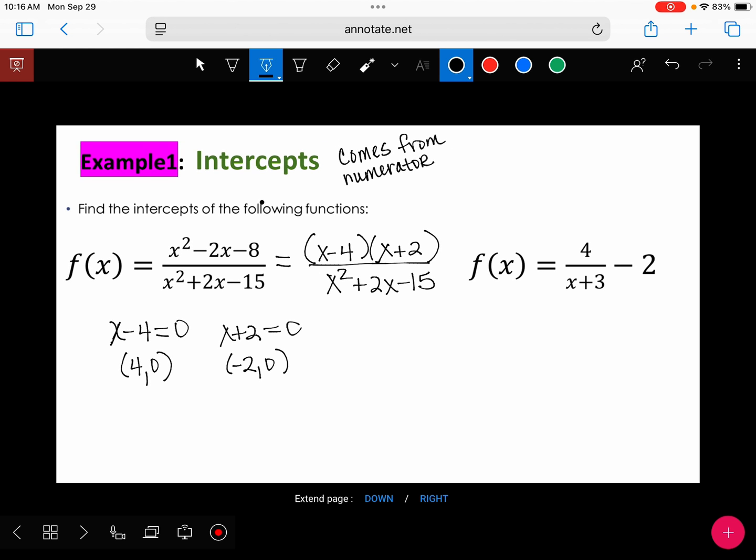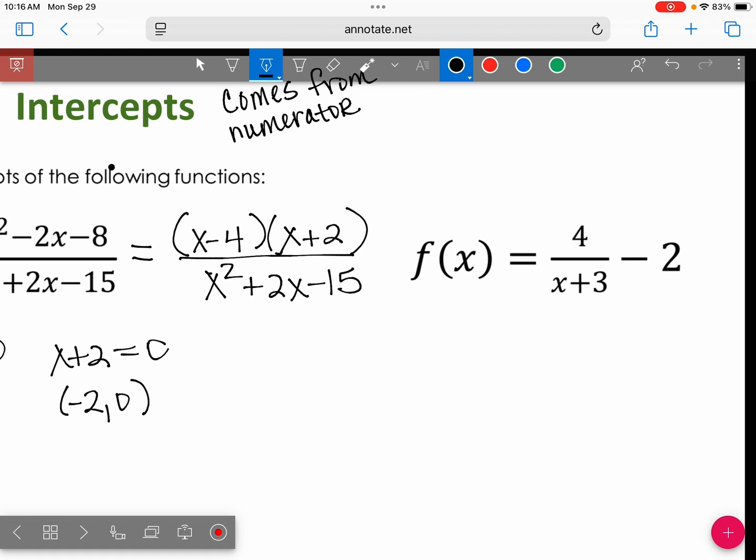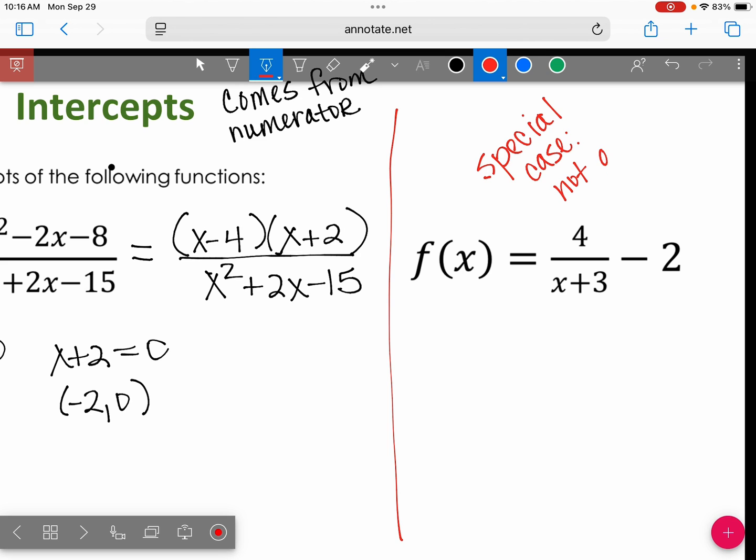Now this second fraction, or second example, this is what we call a special case. And it's a special case because it is not a single fraction. Keyword is single fraction. There is something going on after the fraction.